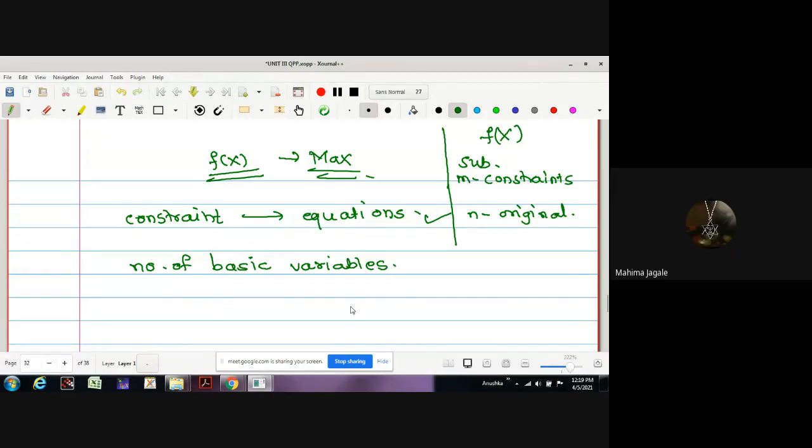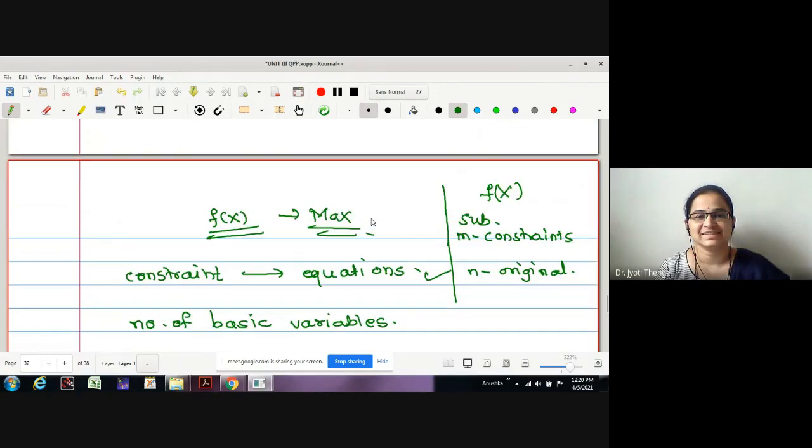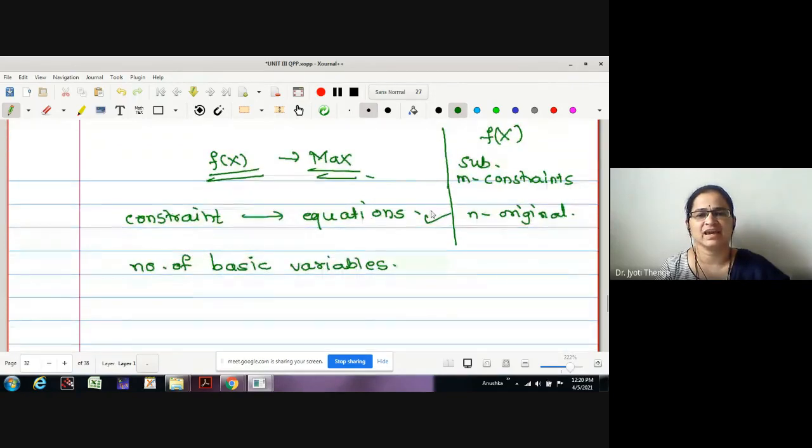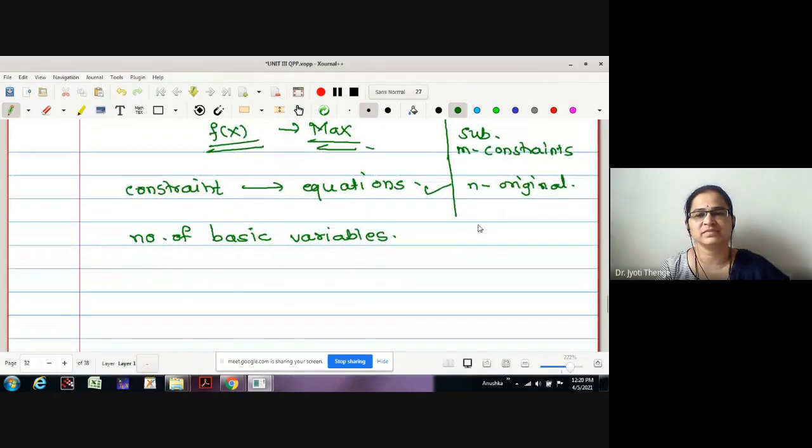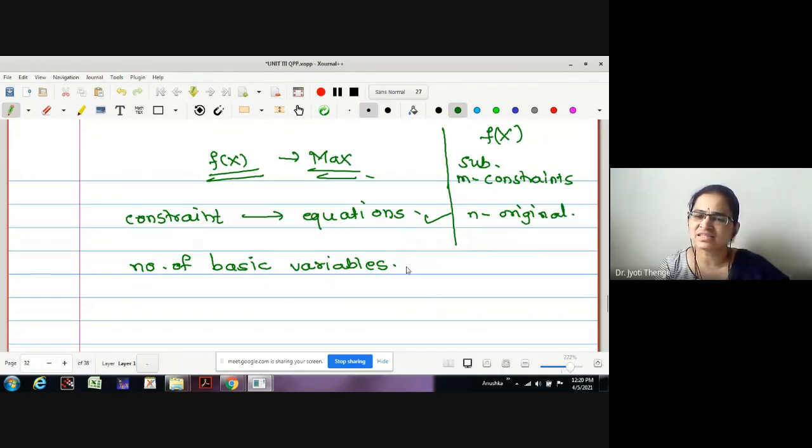N minus m? Is it so? I think this is equal to the number of constraints. If you have two constraints, you have two basic variables; three constraints, three basic variables. So in general, if I have m constraints, then how many basic variables?